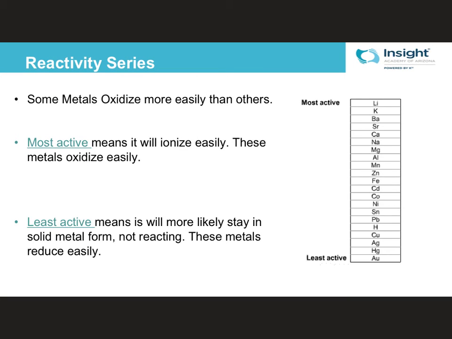The reactivity series was mentioned on the other side. This helps determine if something's going to be spontaneous, or a voltaic cell, or non-spontaneous, or an electrolytic cell.